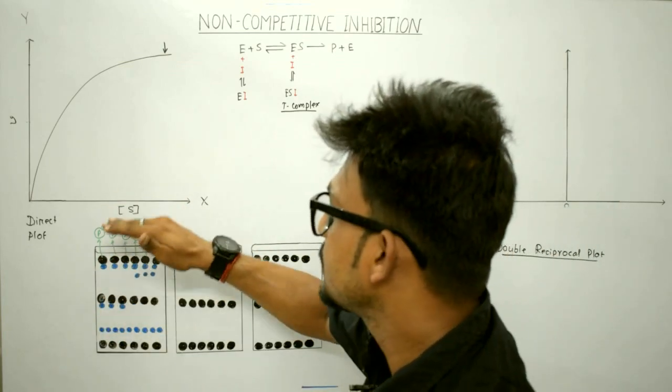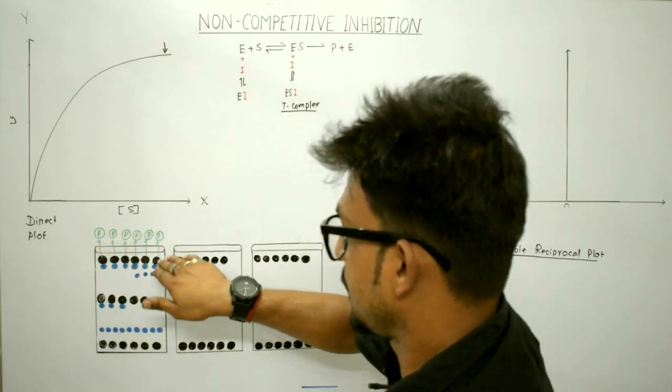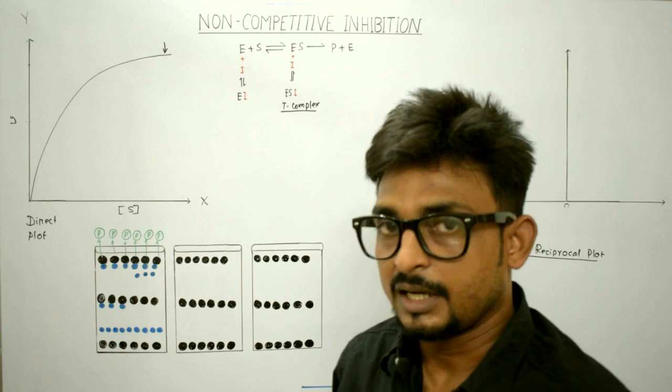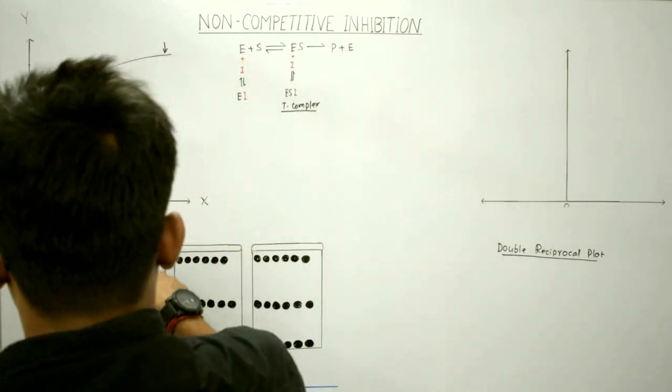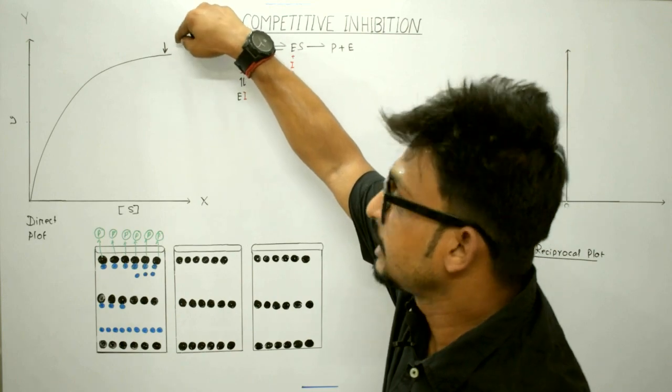That means the reaction reaches its maximum velocity. This stage is represented in the graph at this position.